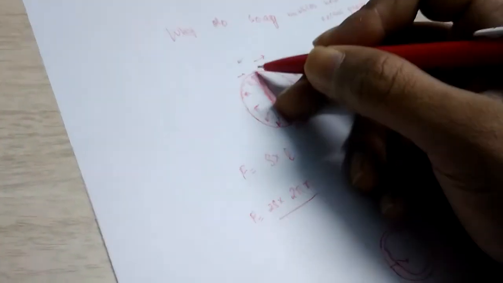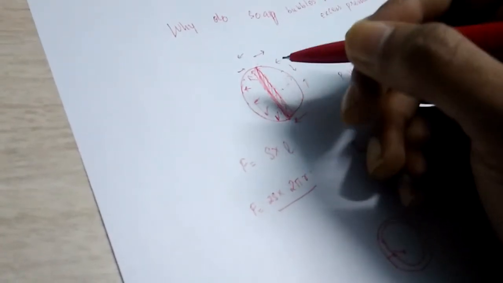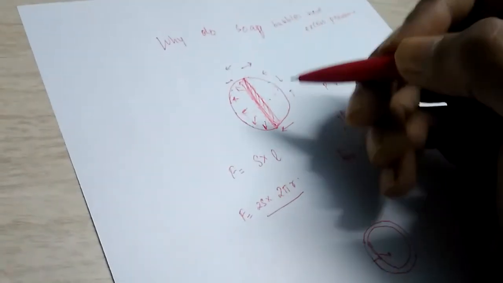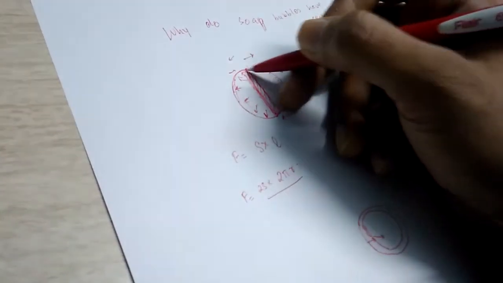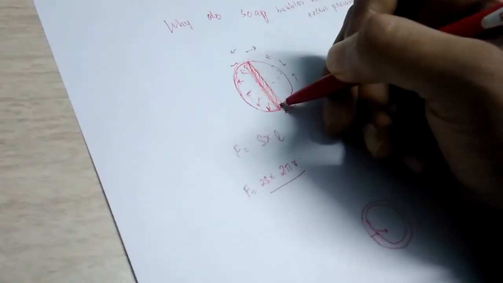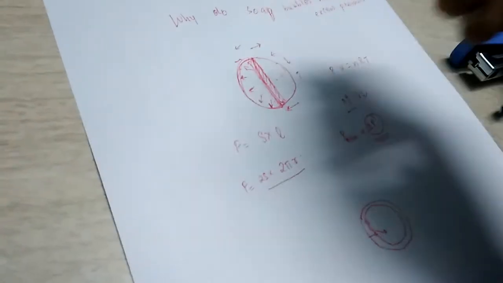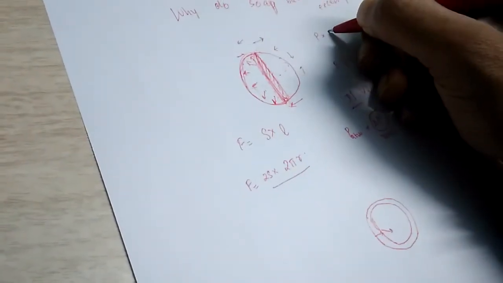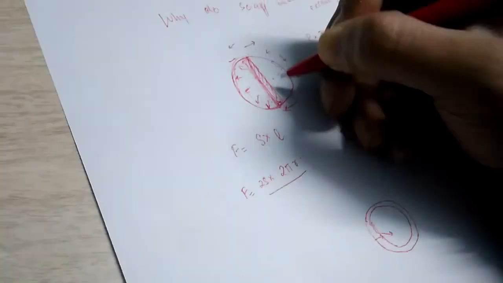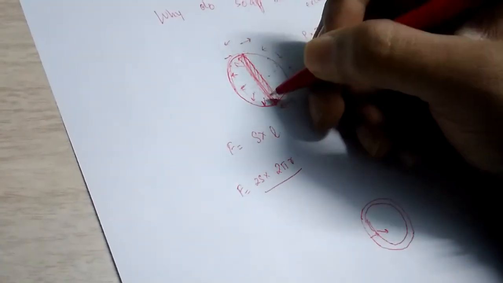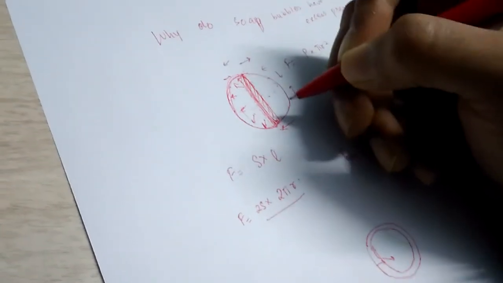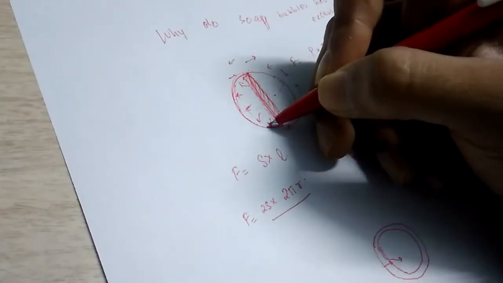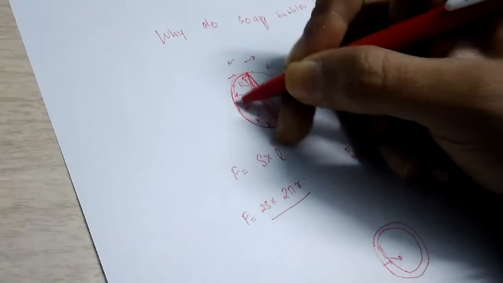I mean, it's not going to act on this surface because this surface is hollow, but the net force that the pressure will exert on the left part of the sphere, or this hemisphere if you can imagine, would be P times pi r squared, because this total area is pi r squared, and the force that the pressure is going to apply is going to be P times the surface area.